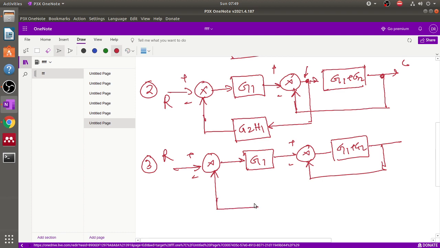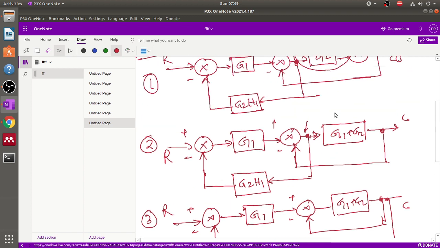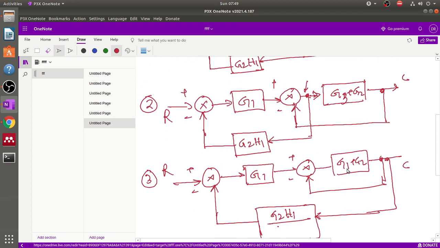Now shifting this point from here to here, you see, this is again G2 H1. Now this takeoff point is before this block, and now after this block, this is basically G2 plus G3. I'm sorry, this is basically G2 plus G3.